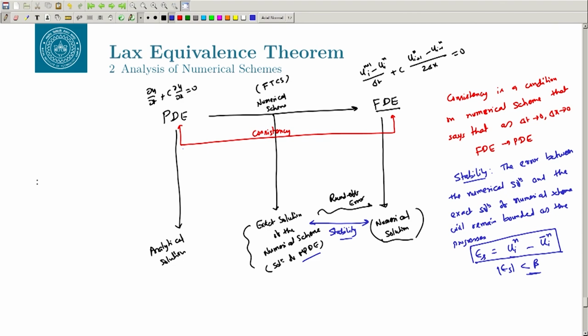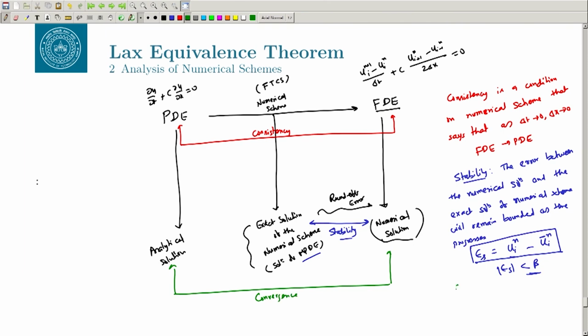Okay. And the last thing is basically your convergence. So, convergence basically connects your numerical solution to your analytical solution. Okay.